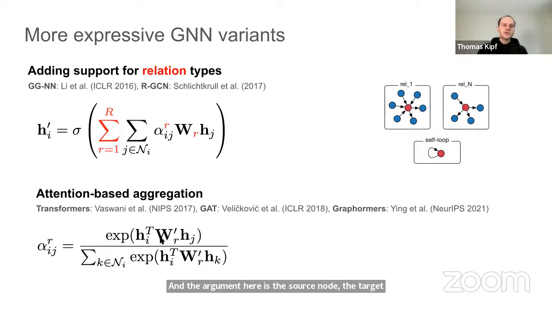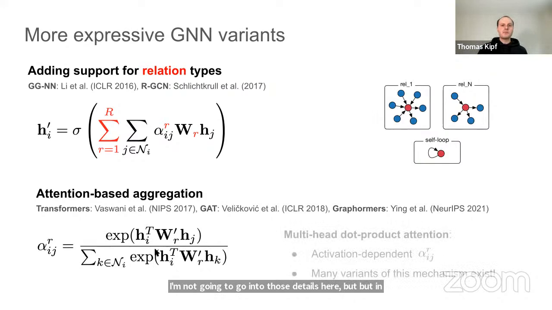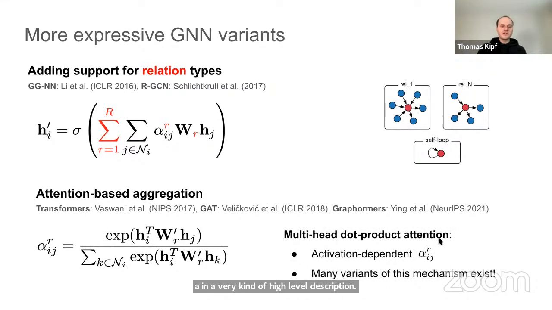Now in transformers, you usually have two learnable matrices in between, the query and the key matrix. And then this matrix up here is called the value matrix. I'm not going to go into those details here, but in a very high-level description, this is roughly what's happening. So we effectively have an activation-dependent normalization constant here. And there are, of course, many variants of this mechanism.